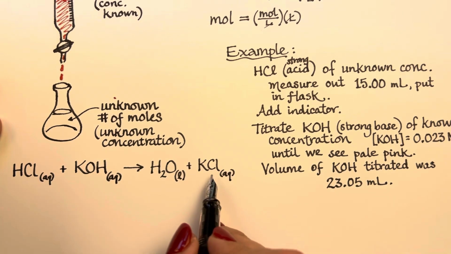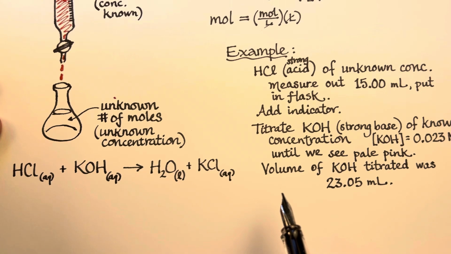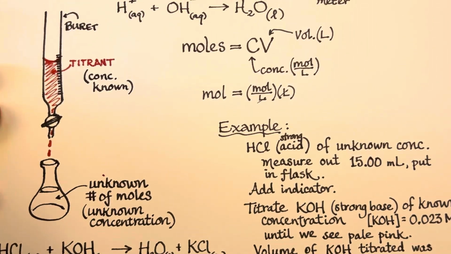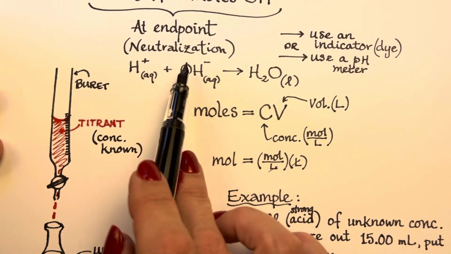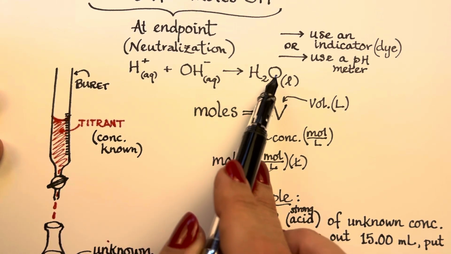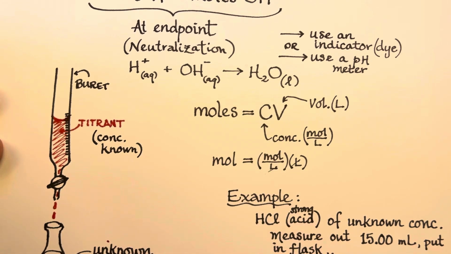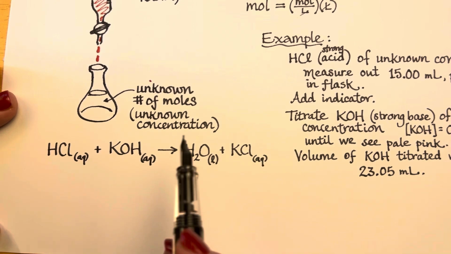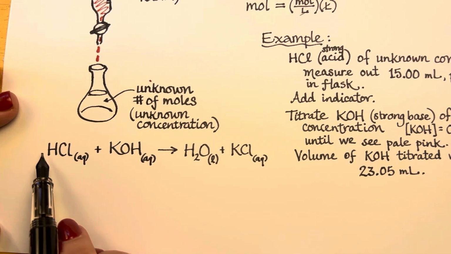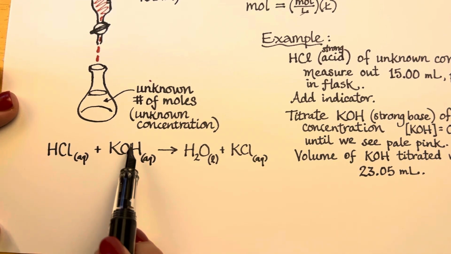The salt has the spectator ions. Okay. The net reaction, as I mentioned before, is hydrogen ions combining with hydroxide ions to form water molecule. So what we have here is a 1-to-1 ratio of hydrogen to hydroxide.